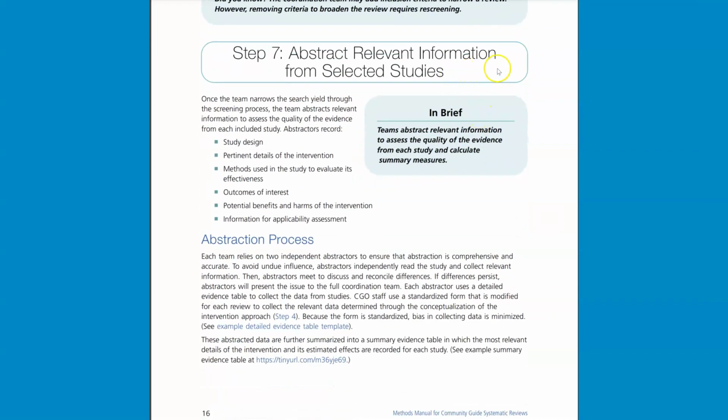Step 7 now is to abstract relevant information from selected studies. So how are you taking out information? Sometimes creating a matrix helps to do this, but you can record the study design, pertinent details of the intervention, provide enough details of the intervention so that you can refer back to it later, methods used in the study to evaluate effectiveness, outcomes of interest, potential benefits and harms of the intervention, and information for applicability assessment.